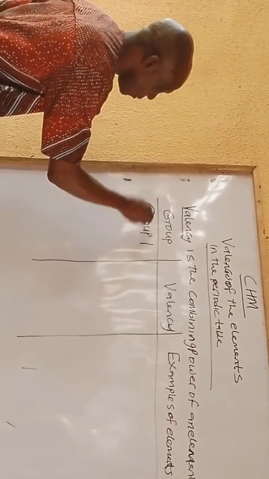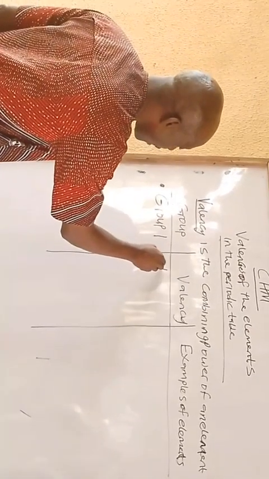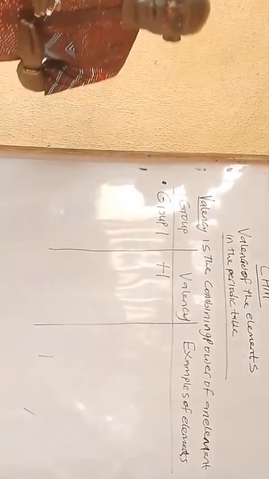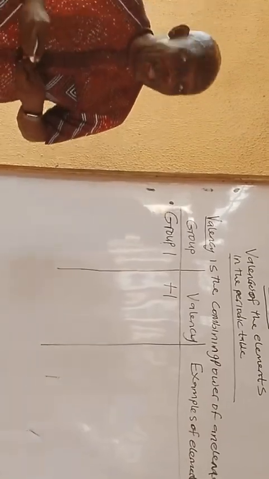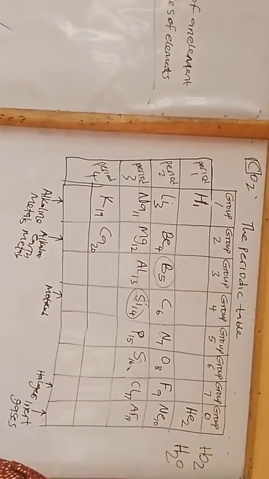Group 1: all the elements in group 1 have a valency of +1. I'm putting plus because they are metals. That plus will not be part of your combining power. It will not come into the combination of the elements when they are forming compounds.